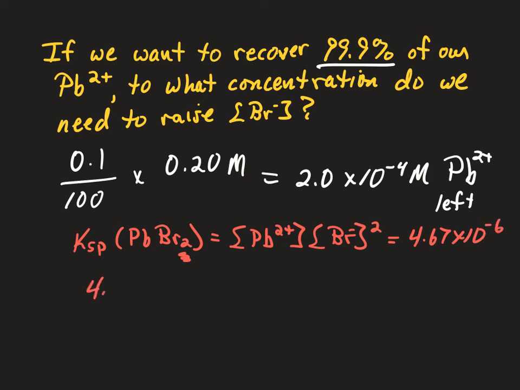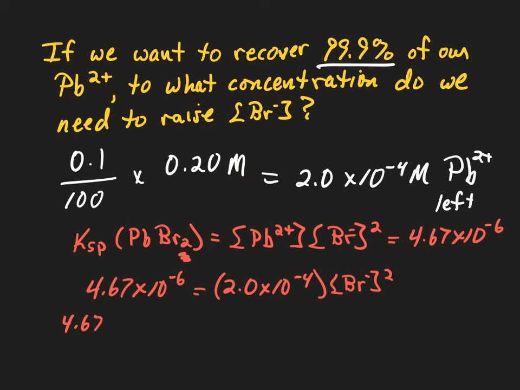So our 4.67 times 10 to the minus 6 is going to be equal to 2.0 times 10 to the minus 4 times the concentration of bromide ion squared.